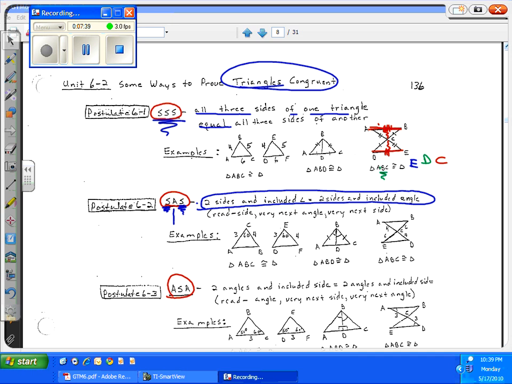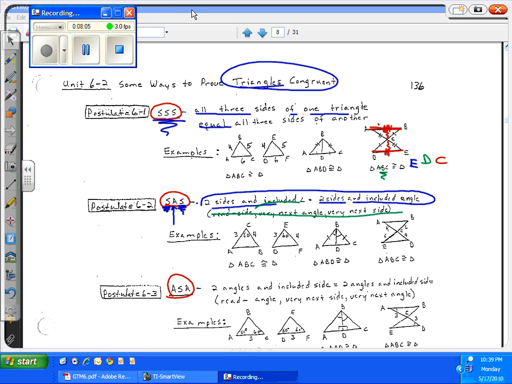Now, I tell people to read this as side, very next angle, very next side. That may seem a little bit weird, but you're going to see what I'm talking about in a minute.